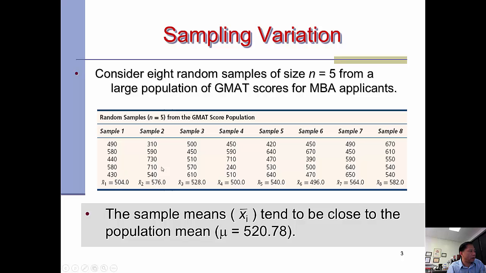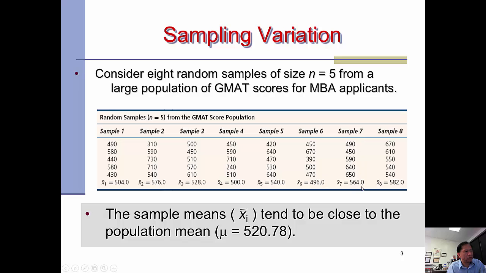And if you take another 5 applicants in sample 2, there is a low score of 310, there is a high score of 730, and 590, 710, and 540. The average gives 576. If you take a third sample, okay, the average is 528. Sample 4, 500. Sample 5, 540. Sample 6, 496.